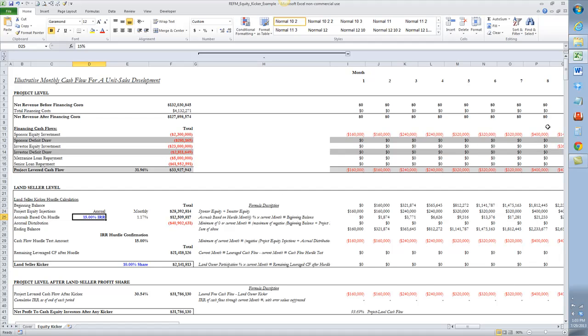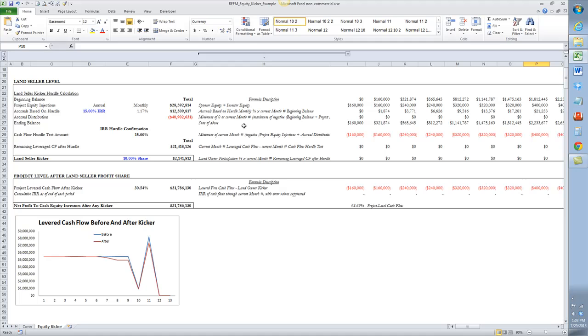And so what happens in this section here is we compute the dollar amounts that would be paid should the cash flows achieve exactly a 15% IRR.